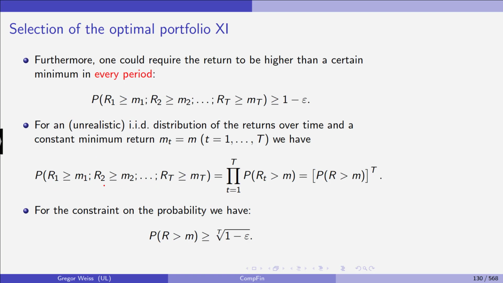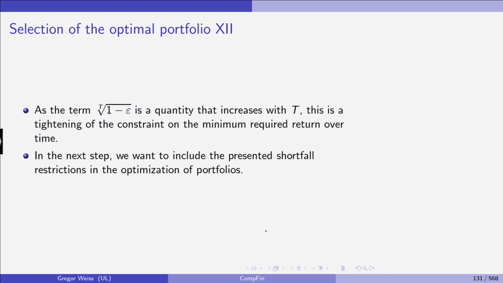And we know for stochastically independent variables, you get the joint probability as the product, so we get simply the probability of R being larger than m taken to the power of T. And for the constraint on the probability, we then have the probability of R larger than m is larger or equal than the T-th root of 1 minus epsilon.